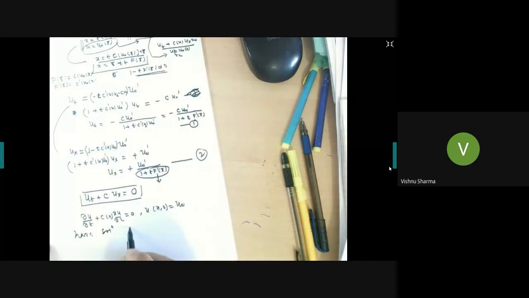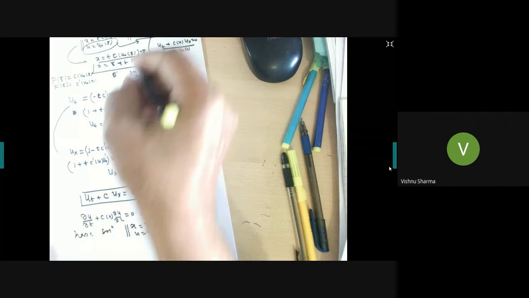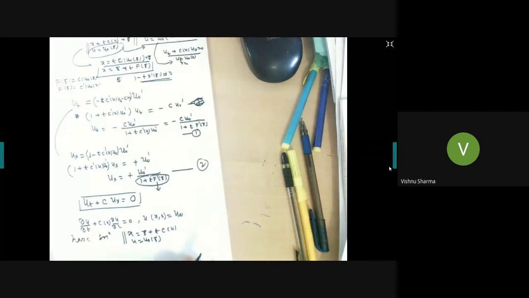That is, I will write this as: has a solution x is equal to xi plus t times c of u, and u is equal to u naught xi. Whether you write like this or like this, same thing.